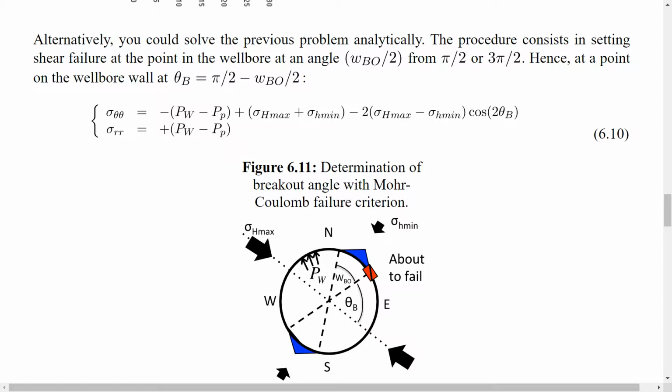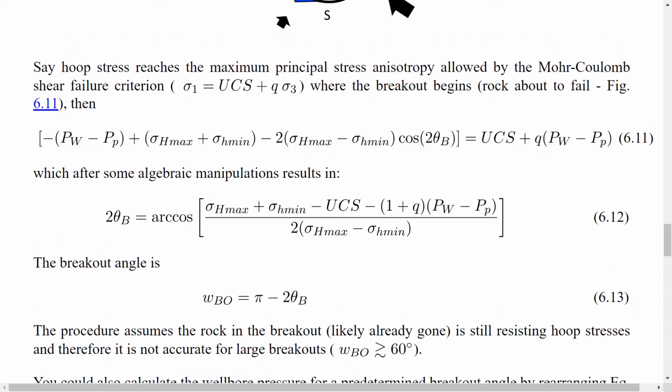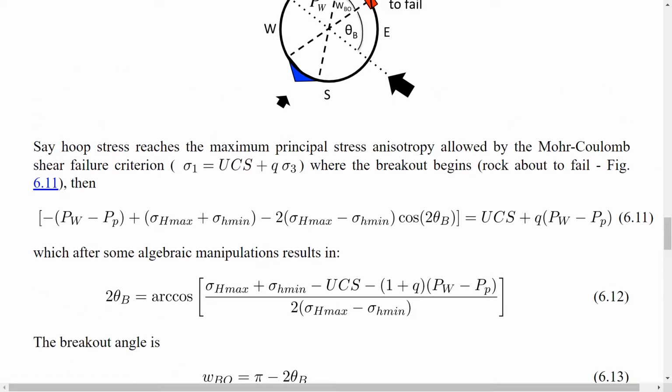And you can also calculate that based on the pressure of the mud and stresses and the orientation of the wellbore and the properties of the rock, UCS, and also the friction coefficient.